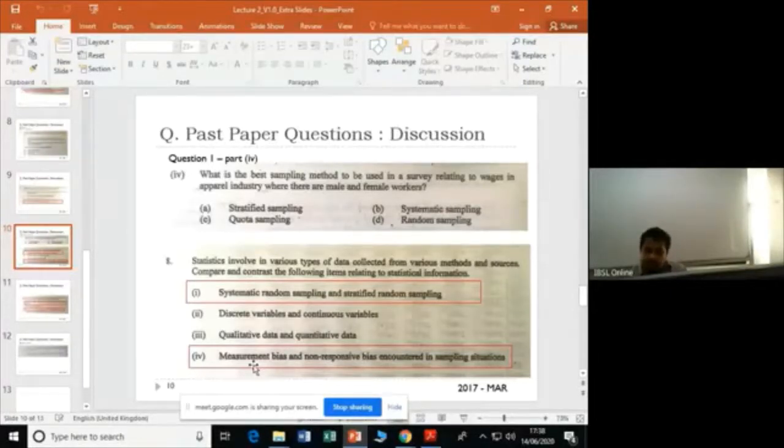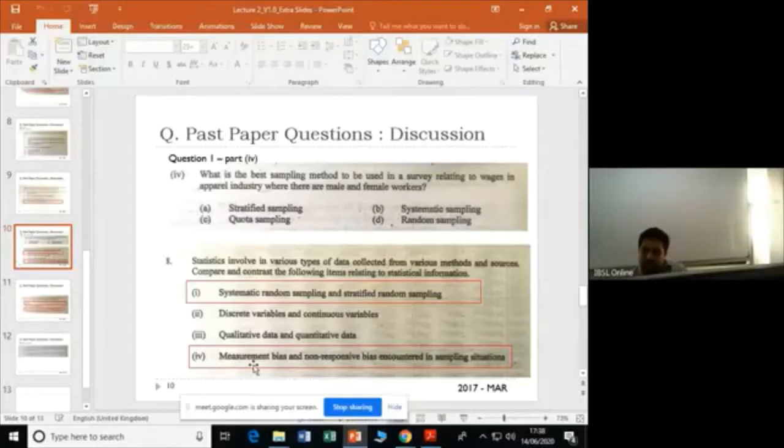What about A, stratified sampling? This is a battle between stratified sampling and quota sampling. Okay, we could eliminate answers B and D. Out of stratified and quota, you would see the question gives you a leading indicator. That means there are male and female workers in the population.